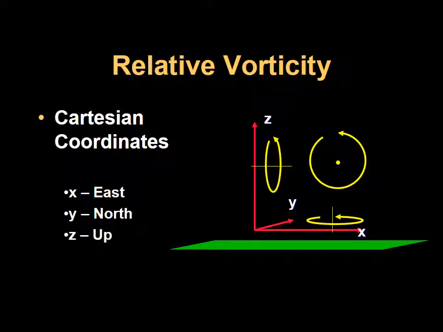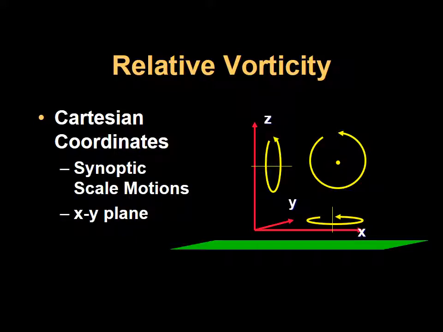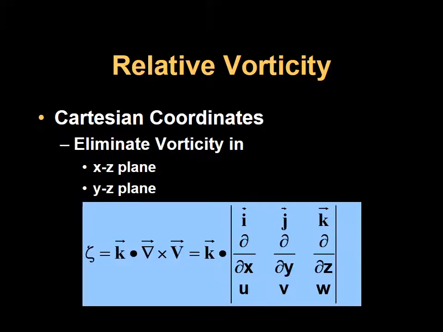The zy and the zx, the ones that are tilted, are important for thunderstorm formation. But we're going to just look at the vorticity that we see on a weather map, which is on the xy plane. So for synoptic scale motions, xy is very important. For thunderstorms, the other ones are more important. And also fronts, the other ones are more important.